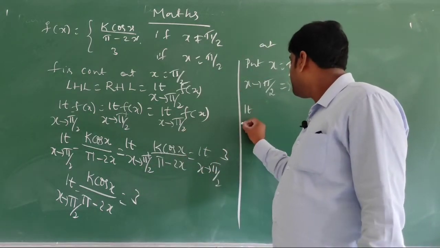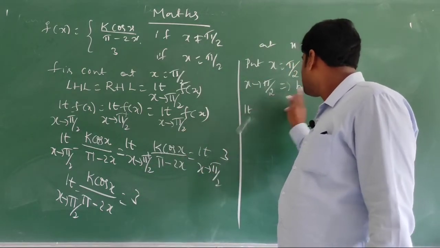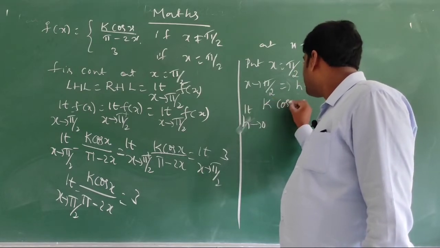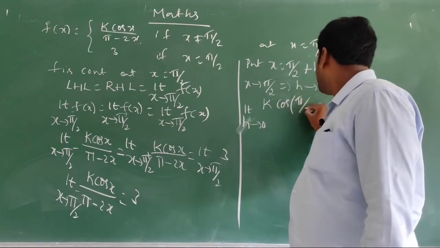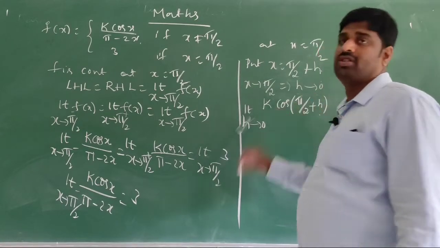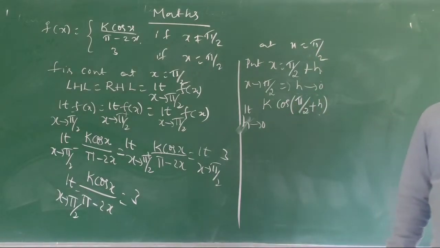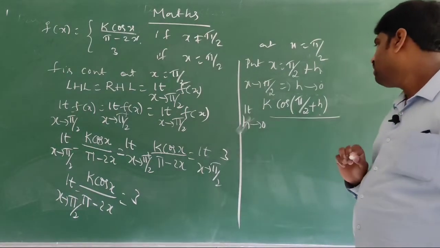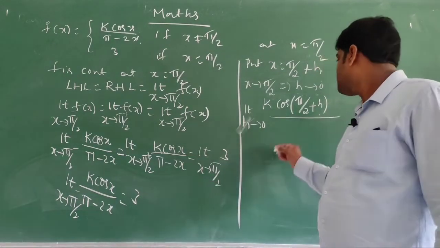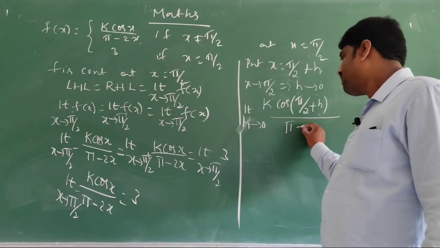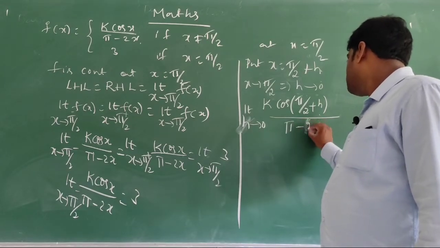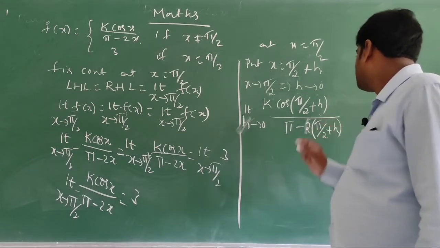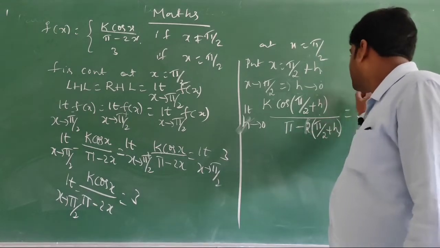That is, limit h tends to 0 of k times cos of pi by 2 plus h, divided by pi minus 2 into pi by 2 plus h, equal to 3.